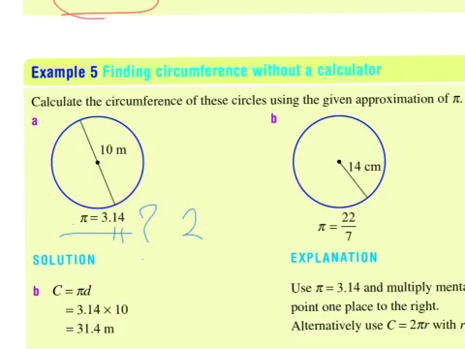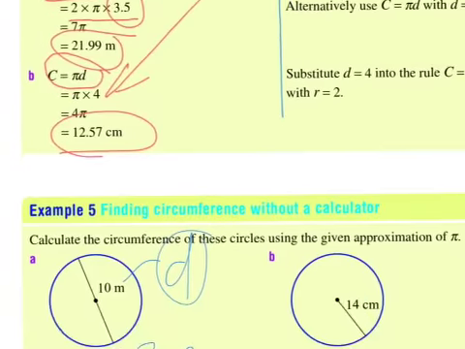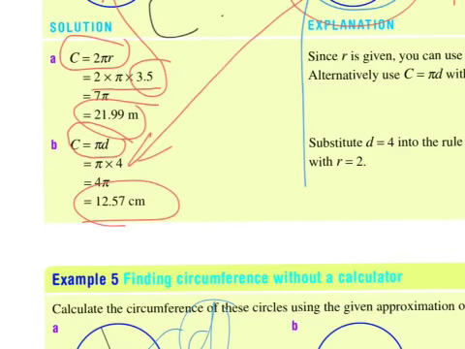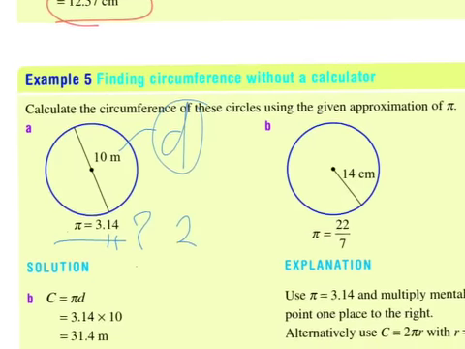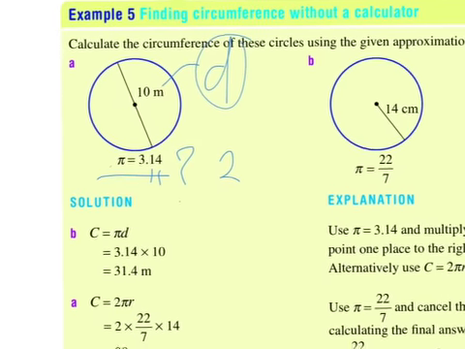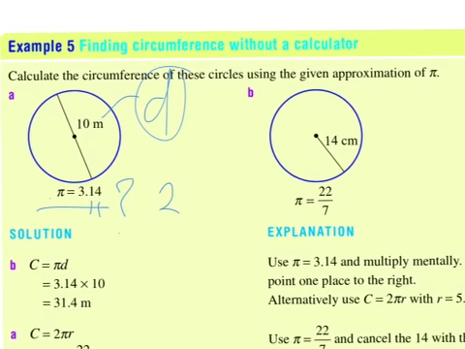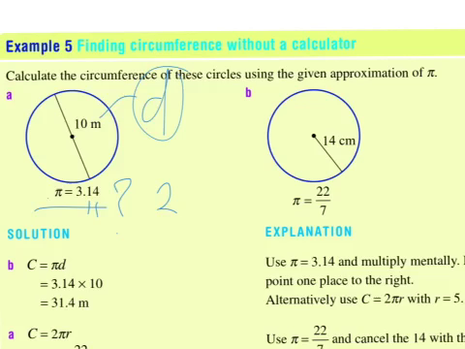Alright, now over here we've got 10 meters. Now is that our radius or our diameter? That's right, you've got it, it's our diameter. So, from using one of the equations that we used before, we use the same one, C equals pi times D. Now, pi is 3.14.